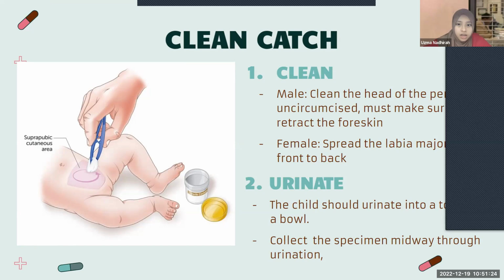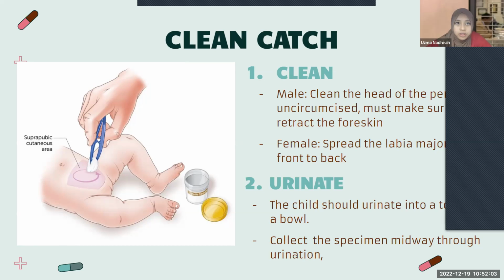For clean catch, the first thing is we have to clean the site. If it is a girl, we spread the labia and then cleanse the perineum with mild soap twice or 3 times. If it is a boy, we remember to pull back the foreskin if they are uncircumcised, and clean it as well. After that, we make sure the specimen is collected midstream, that means midway through urination.